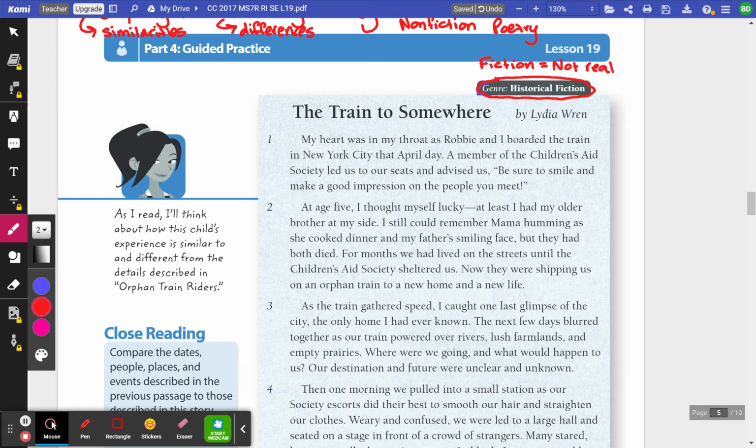We talked about it a little bit before, but historical fiction is unique because it is set in the past and it combines historical details with fictional elements.